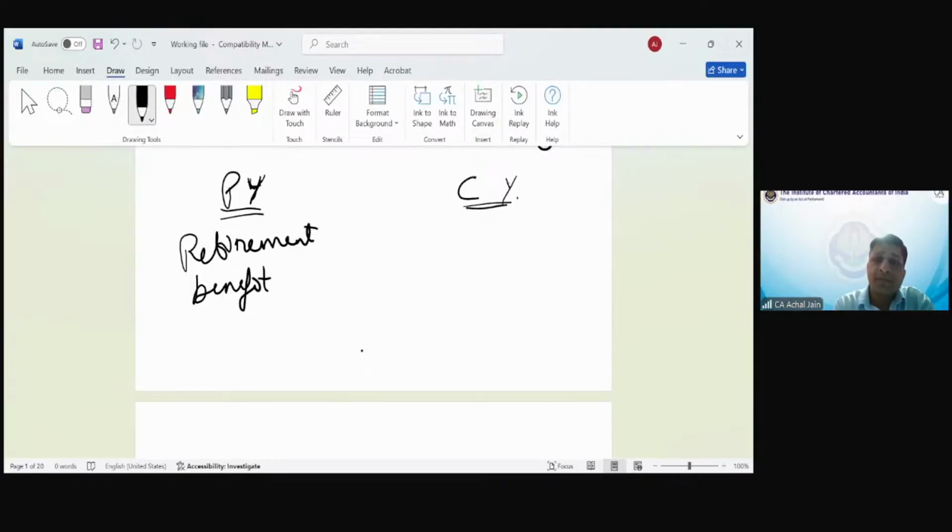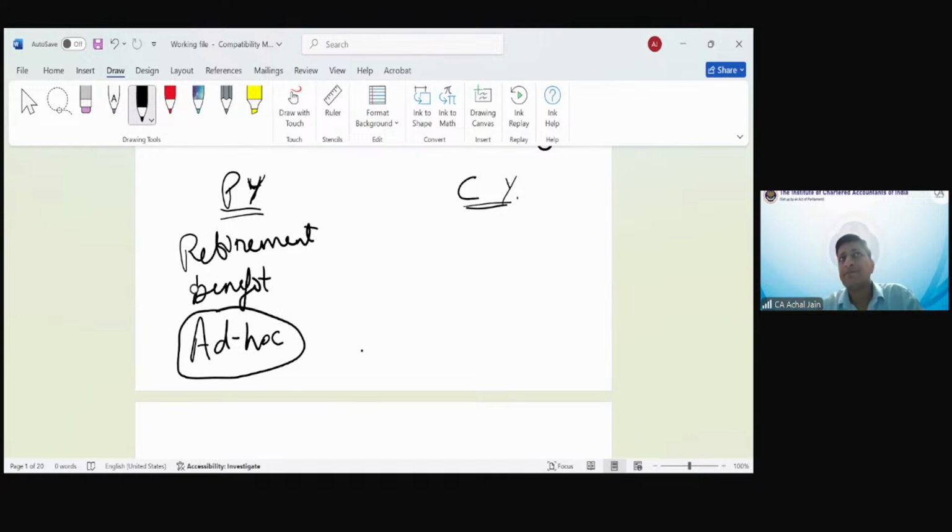Now, in the current year, in terms of this retirement benefit, what has changed? So this old retirement benefit has been discontinued, right? A new retirement benefit has been introduced.